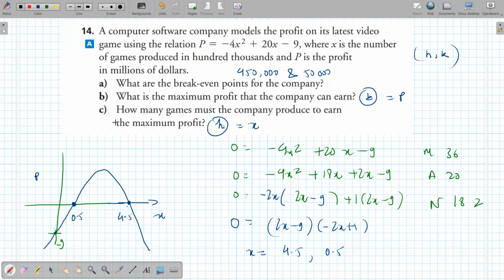So let's try. How do you find the vertex? Remember, we have the x-intercepts. If you have the x-intercepts, how do you find the vertex?